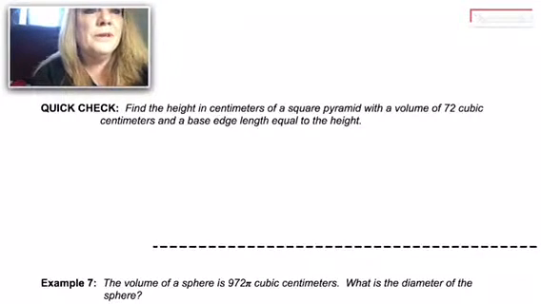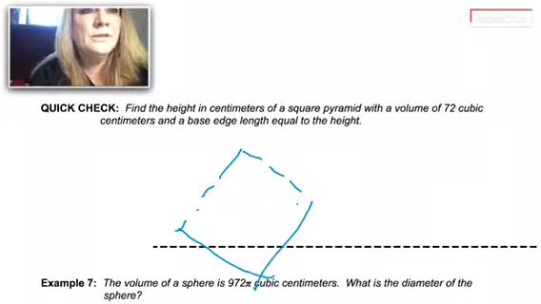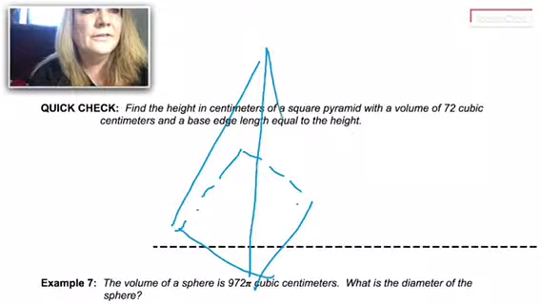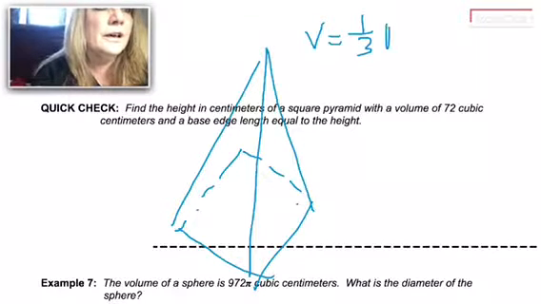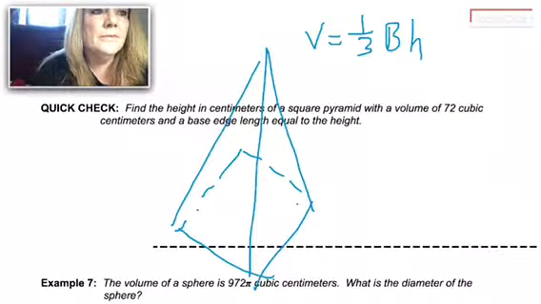A square pyramid. So again, I do my best with my square pyramids, but something like that. Okay, it has a volume, so 1/3 area of the base times the height, of 72, and a base edge equal to the height.